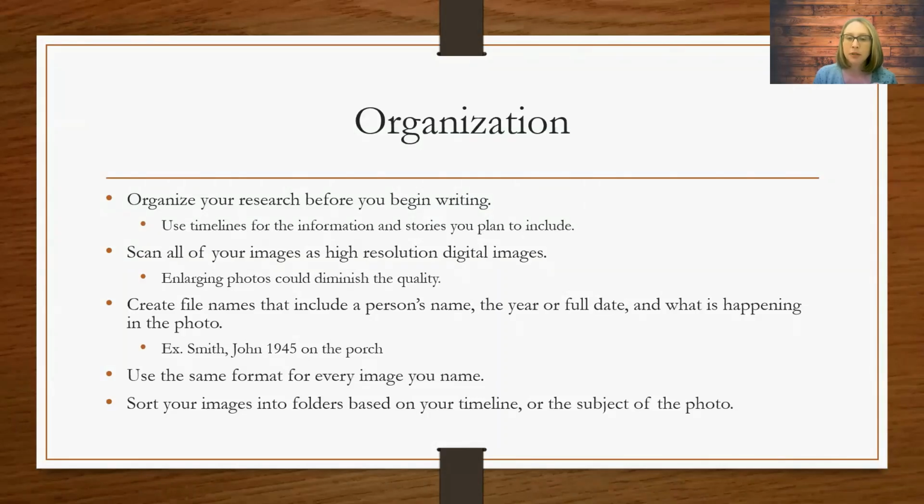Ideally, you would put the person's name, the year or the full date if you have it, and what's happening. So for example, I put Smith John, so last name Smith, first name John, 1945 on the porch. So if I need to go back and find that image for some reason, or when I'm ready to drop that image into my book, I know where to find it.